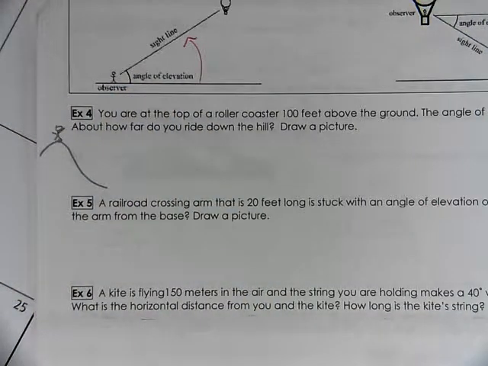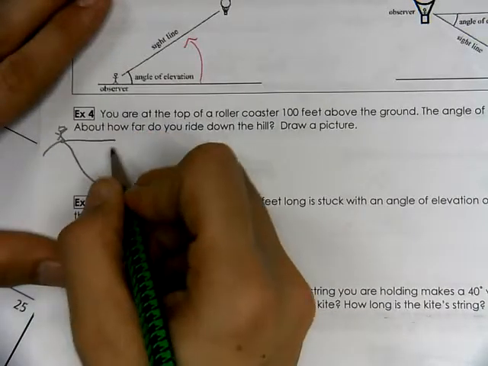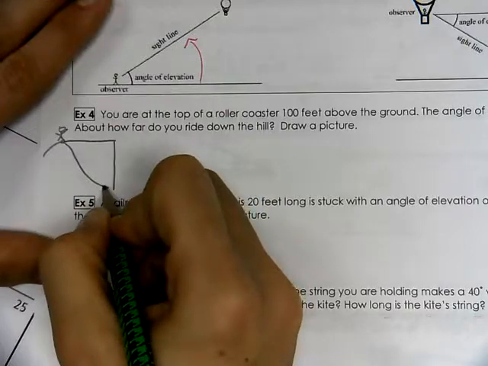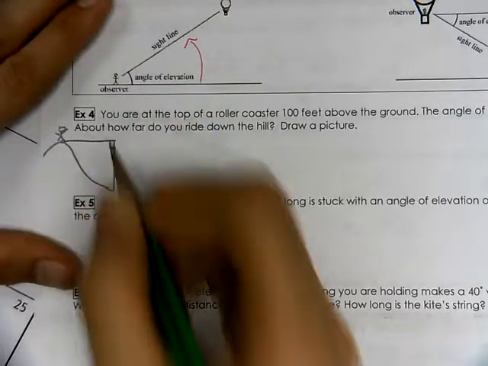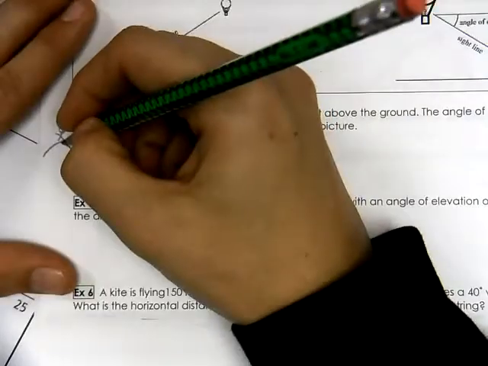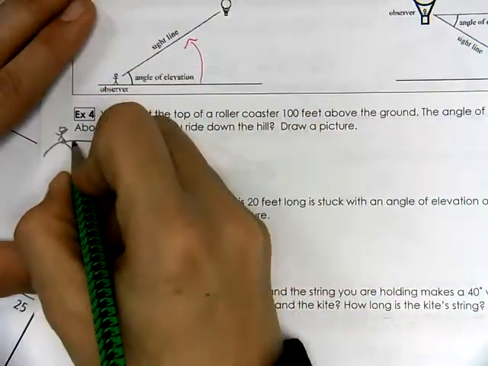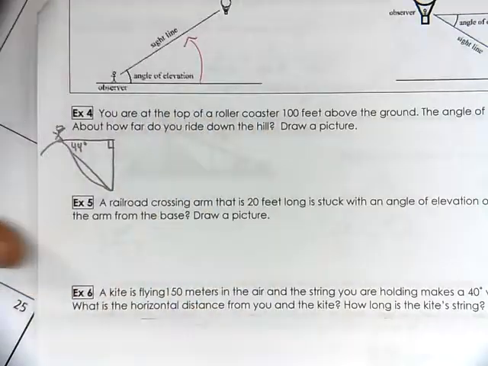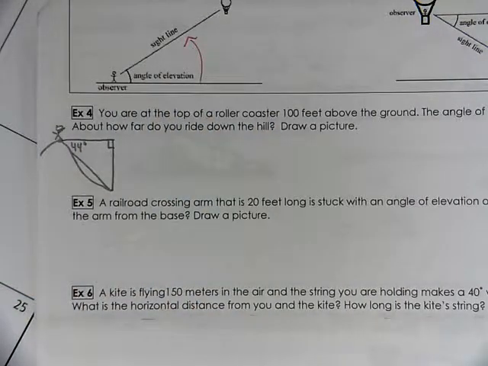That's us on the roller coaster. We want to figure out how far down the hill we're going to have to go. The angle of depression here is 44 degrees. So this angle from us down to the ground is 44 degrees.